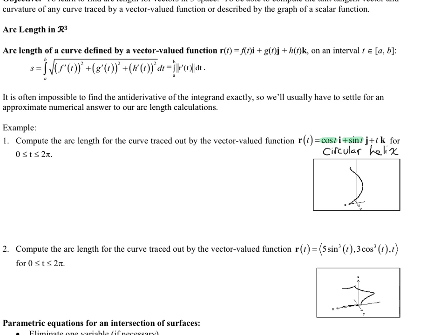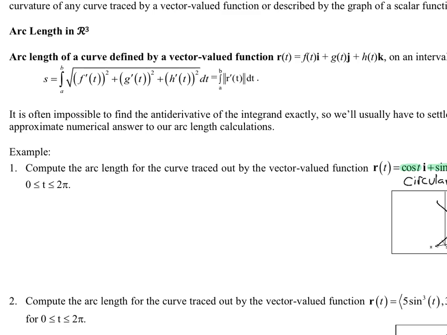Right? If you look at what we're dealing with here, it seems an awful lot like the concept of magnitude. And in fact, it really is a magnitude. You're looking for the magnitude of r prime. So long story short, I like this formula better because I know what a magnitude is.